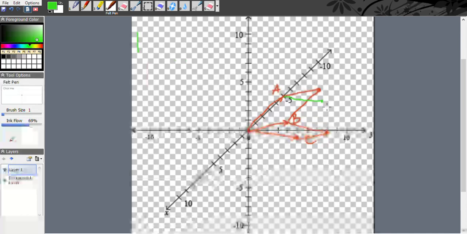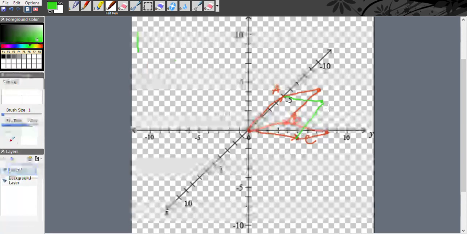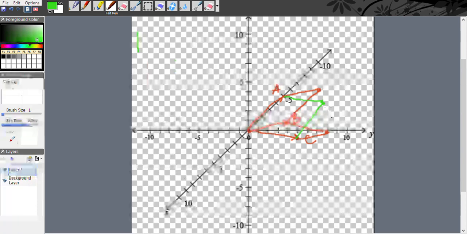Okay, it's going to be something like that. And the other one, which is parallel to the side OA. Right, so this is what I get.